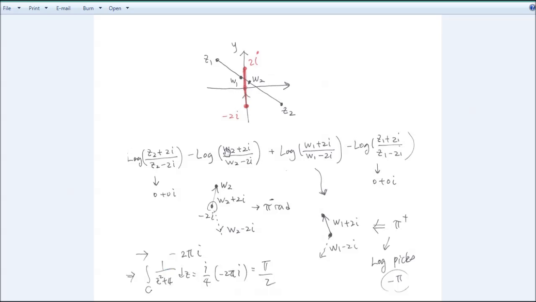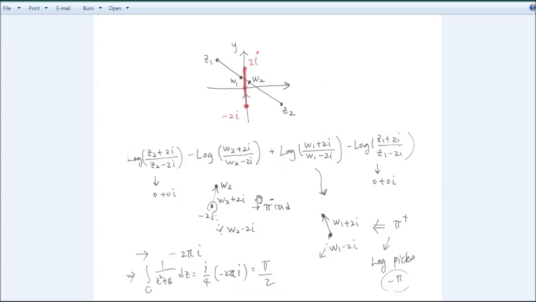So I looked at it carefully. W2 plus 2i. So W plus 2i is this one. 2i to the W2. That's that direction. You see that? W2 minus 2i is this vector, W2 to negative 2i. So that's this W plus 2i. Okay? Vector, you have to subtract the 2 points.